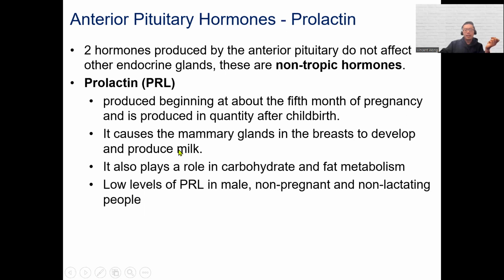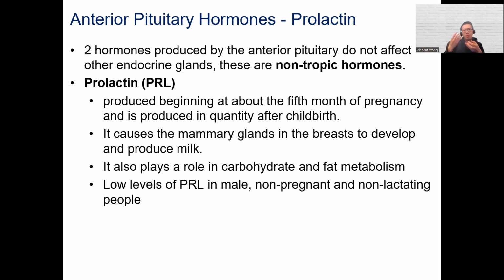It changes how carbohydrate and fat is being metabolized, because you have to redistribute the nutrients and put some of it into the milk. And if you're a mother, you probably would know, if you nurse your baby, you probably notice that the contents of the milk actually change as your baby grows.